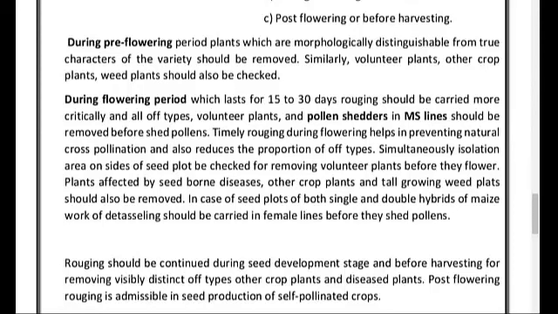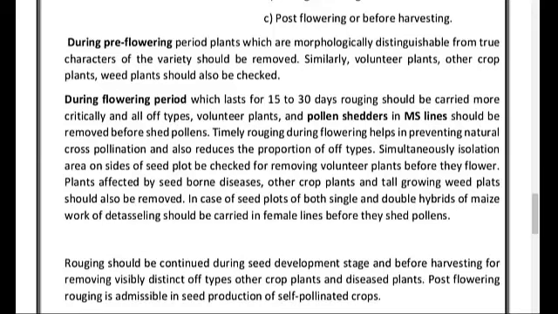you can check for the second roguing, and you can see there may be more off-type plants during the flowering period. They may be off-type or volunteer types, and you can also see pollen shedders, which look very similar to the crop but are excessive pollen shedders. This can spread disease, so they must be removed before they set seed.